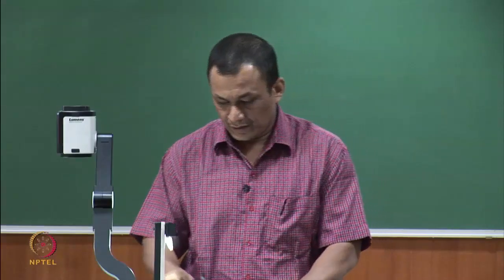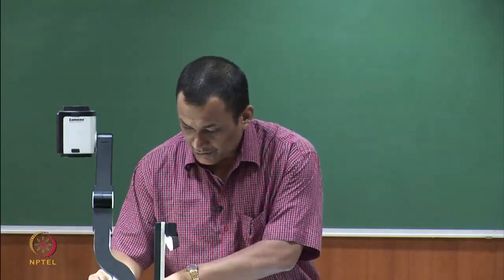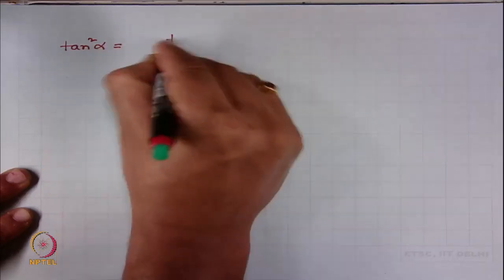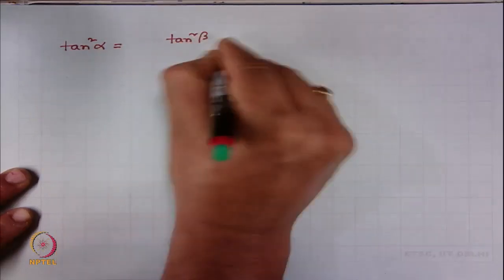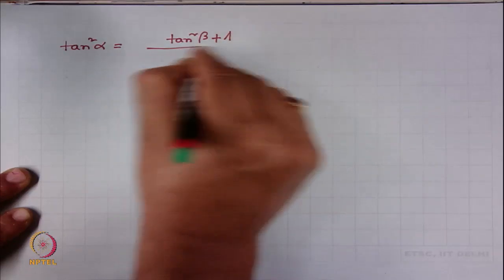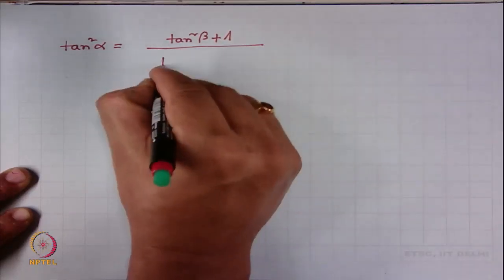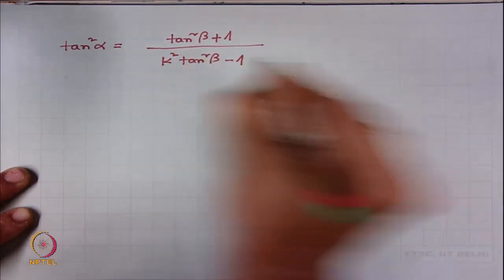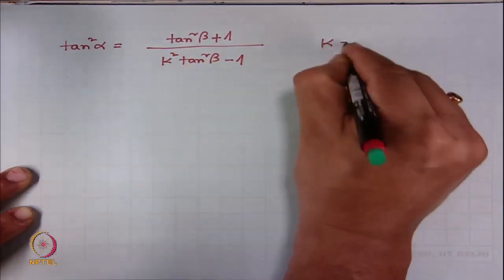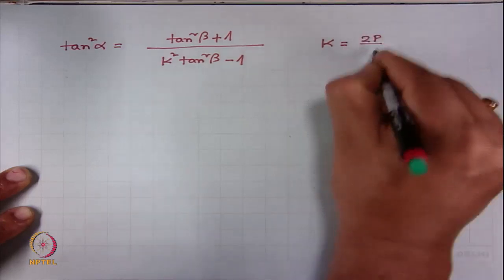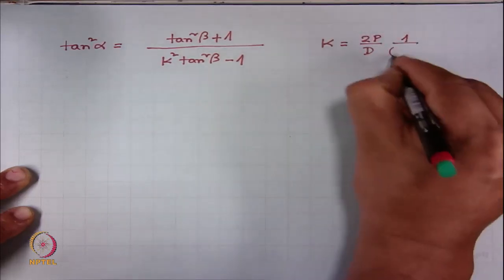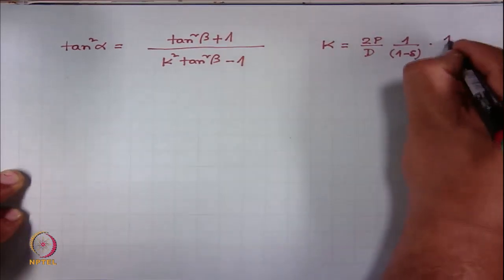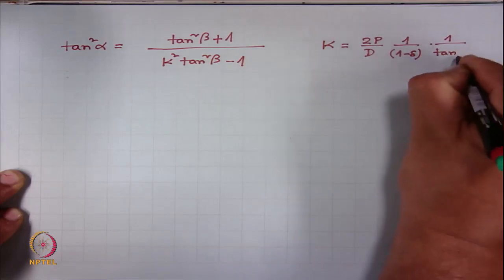So, the fundamental equation was tan square alpha equals tan square beta plus 1 over k square tan square beta minus 1, where k is equal to 2p by d, 1 by 1 minus retraction, into 1 by tangent of beta d.